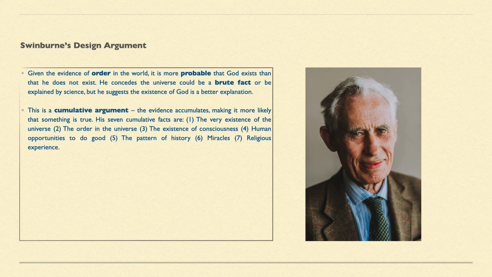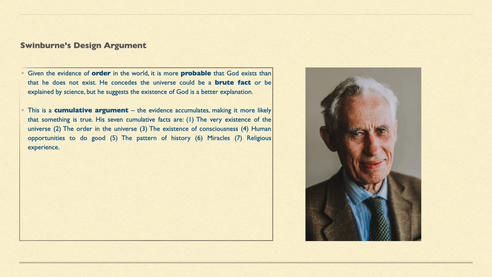It's very clear that we are living in one. The second is that you can observe order within that universe. The third is that we have consciousness, which is quite a complex thing, but it makes us unique. The fourth is that we have the capacity as humans to do good.